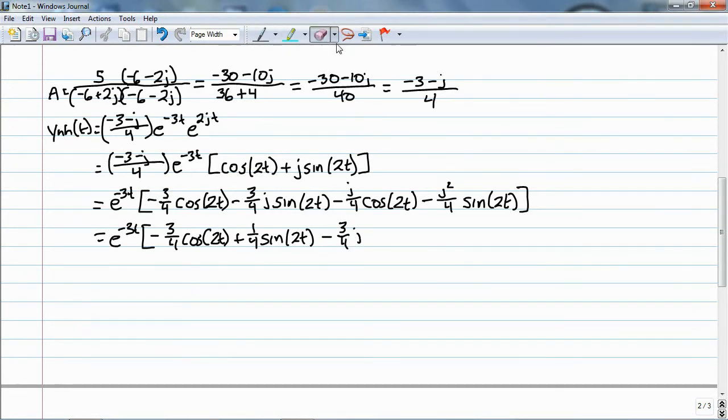Oh, I like to do cosines first. And for our, this was the non-homogeneous solution to our new equation.